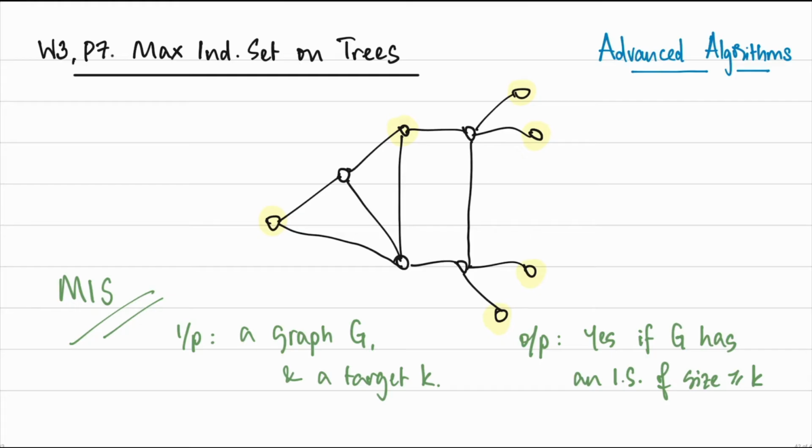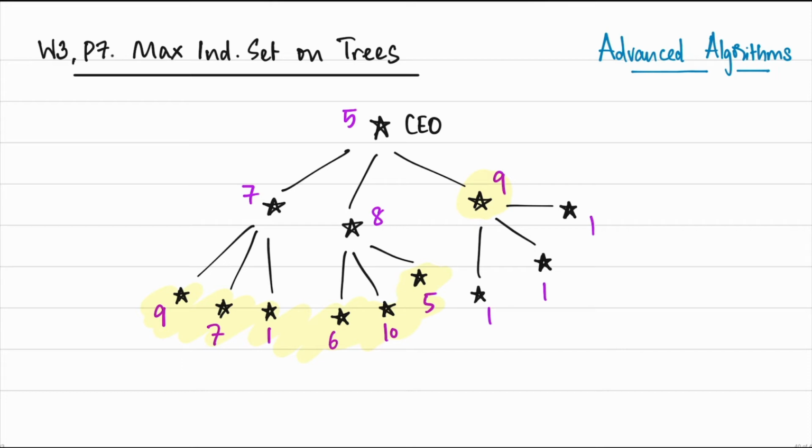But if the graph was not just an arbitrary graph, but it happened to be a tree, then it turns out that you can solve the maximum independent set problem in polynomial time, and that's exactly what we are going to do. If you go back and think about the party problem, that's just really asking for a maximum independent set.